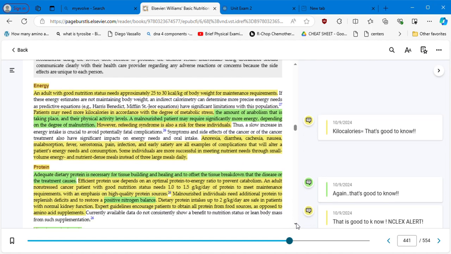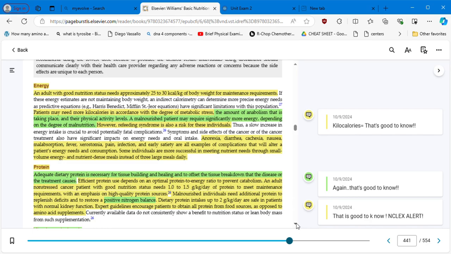Energy. An adult with good nutrition status needs approximately 25 to 30 kilocalories per kilogram of body weight for maintenance requirement. And that's good to know. Patients may need more kilocalories in accordance with the degree of metabolic stress, the amount of anabolism that is taking place, and their physical activity levels.